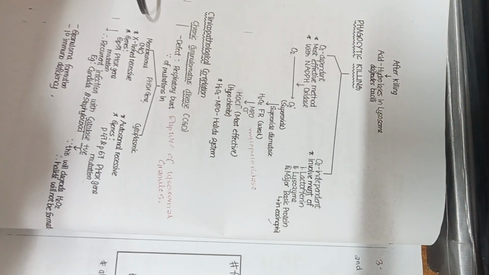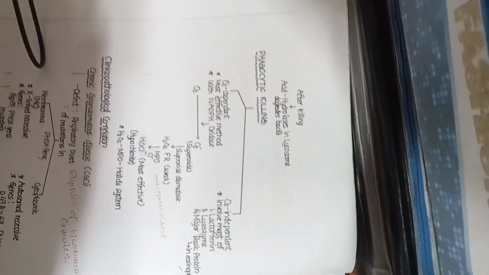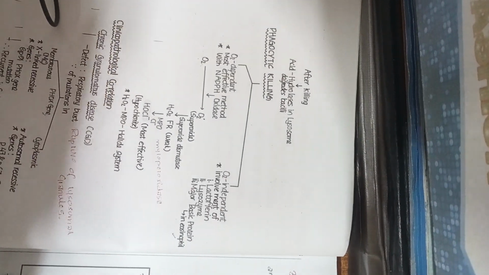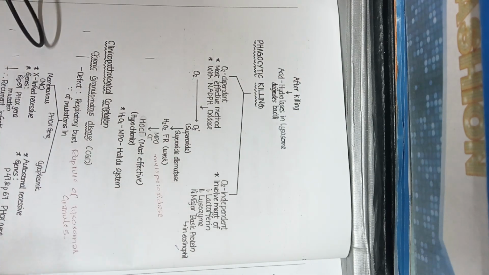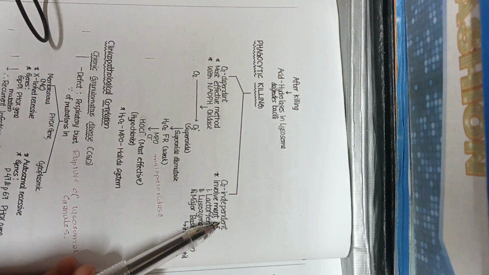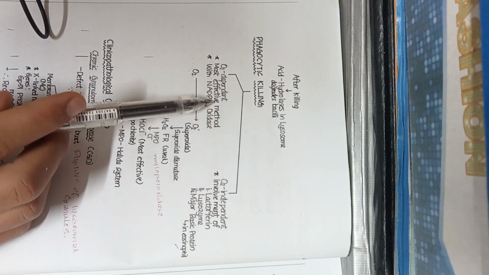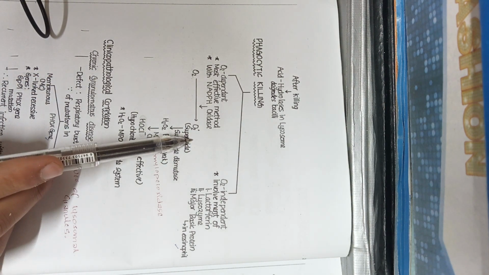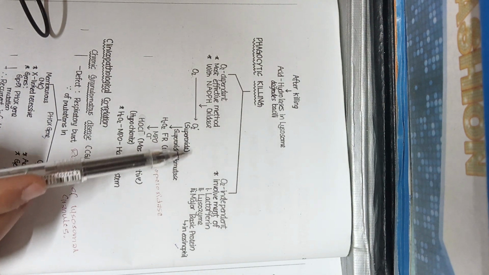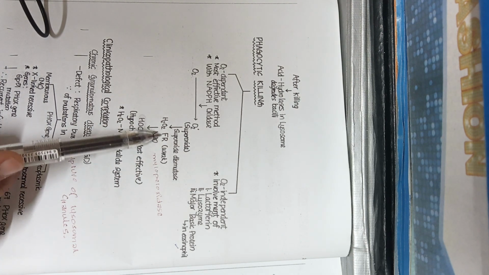Now let's discuss phagocyte killing. This is oxygen dependent and oxygen independent. Oxygen dependent is done by NADPH oxidase, the most effective method. Oxygen forms superoxide. Superoxide is converted by superoxide dismutase into peroxide.